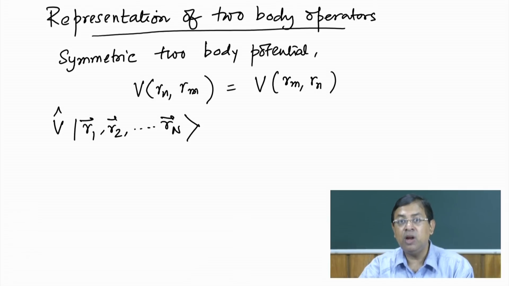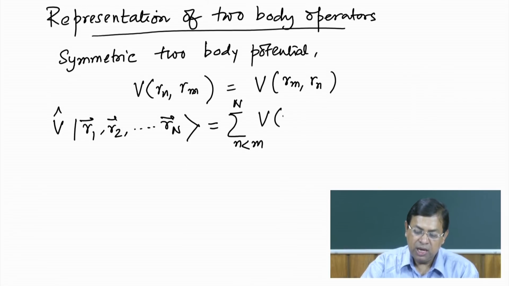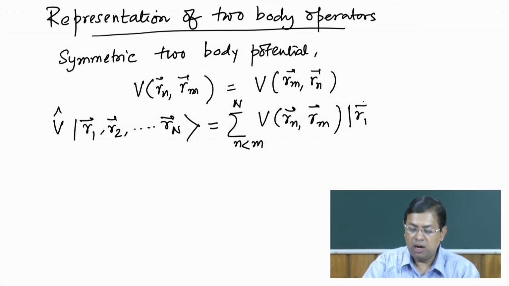But ultimately you will have to write down a Hamiltonian in the same basis, or rather if you have to solve it, you have to do it on the same basis. However, here we prefer to do it in the real space basis, and we write it as this V R N R M. We can put vectors here as well, and this is equal R 1 R 2, and there is a R N.